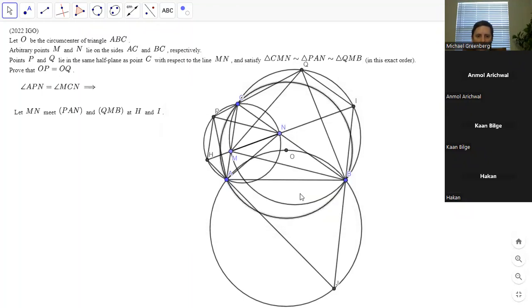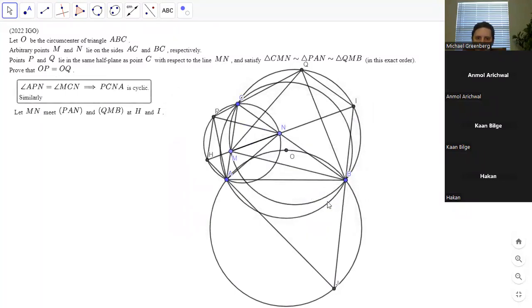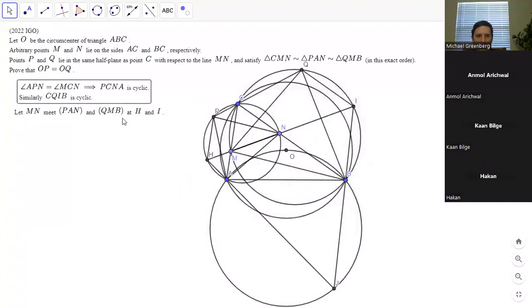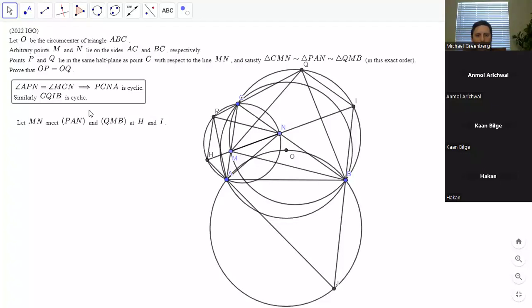So PCNA is cyclic. Similarly, CQIB is cyclic. Okay, yeah, H and I.